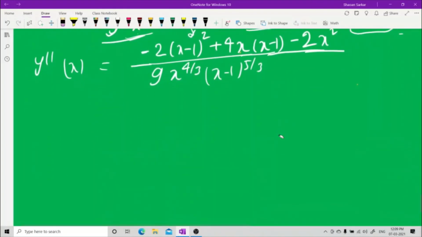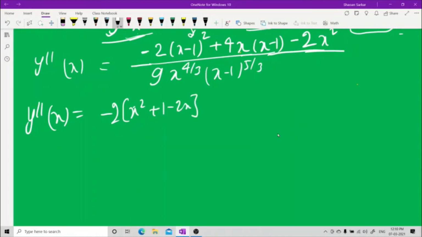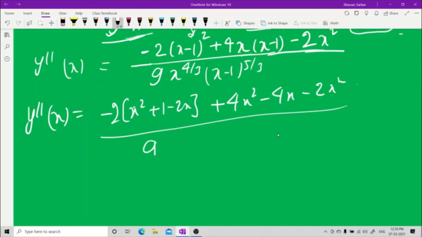Y double dash x is equal to minus, this is 2 out, x square plus 1 minus 2x. Done. Plus 4x square minus 4x minus 2x square upon 9x 4 by 3 x minus 1 5 by 3.